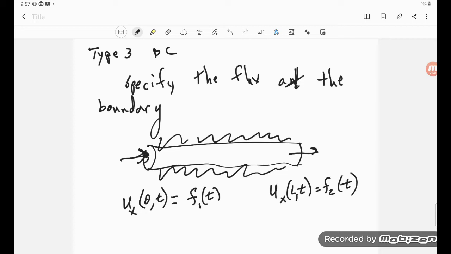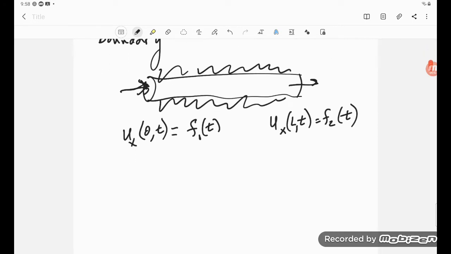Yeah, the idea that the derivative here at each end is some set function of t, so it could be constant, but it could be something else. Then, I think that makes sense.